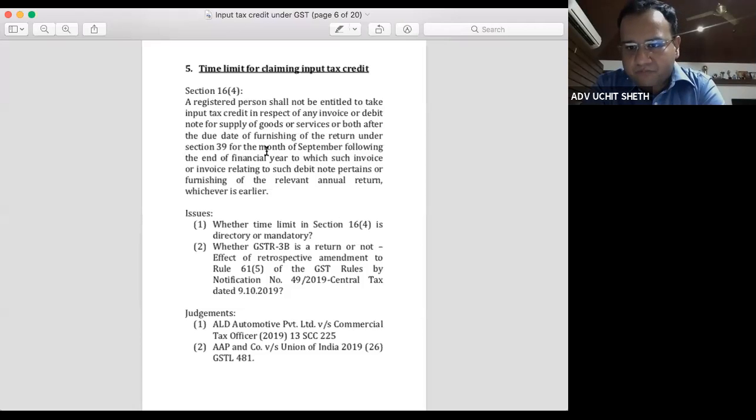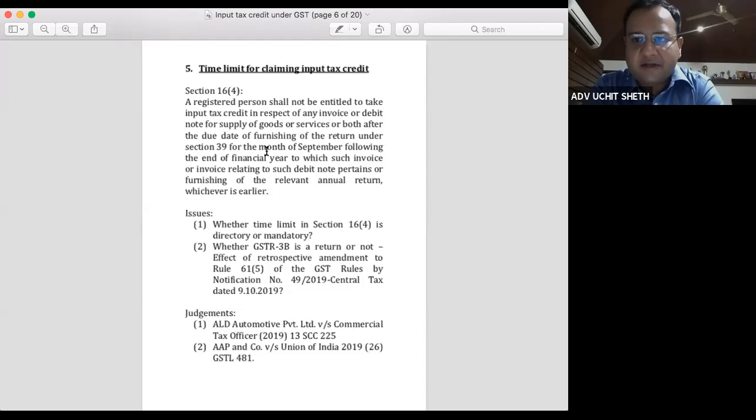Now, in the context of GSTR 3B, a writ petition was filed before the Gujarat High Court in the case of App and Company versus Union of India, making a claim that GSTR 3B is only a stopgap arrangement statement.